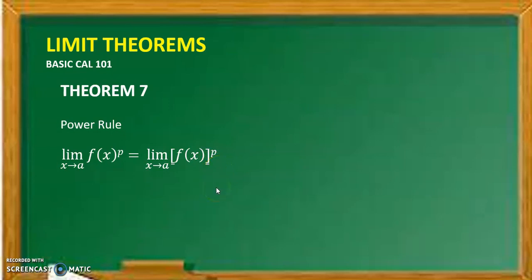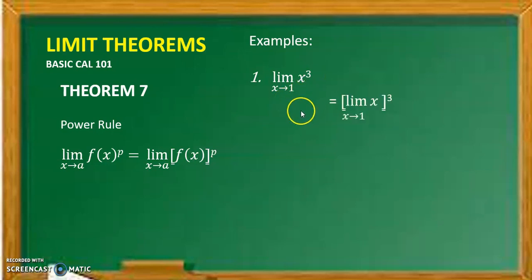So, let's have an example to understand it better. Let's say, the limit of x cubed when x approaches 1, the exponent being 3, would be equal to the limit of x when x approaches 1 raised to the third power.